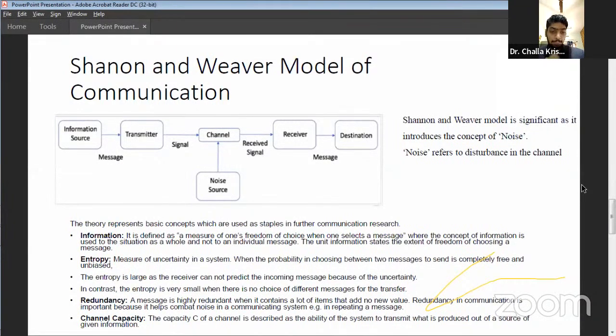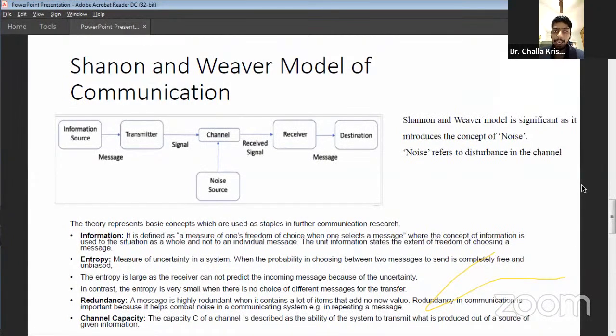For example, if I put a mic here and speak, my voice, the oral message, is converted into an electric signal. The electric signal travels through the wire, through the phone, as a radio signal or an electric signal, and then reaches the receiver's phone or laptop. If there is a connection problem, then there is some noise, and the message gets to the destination with the noise.